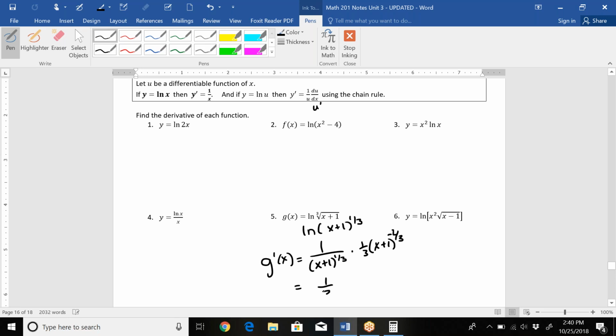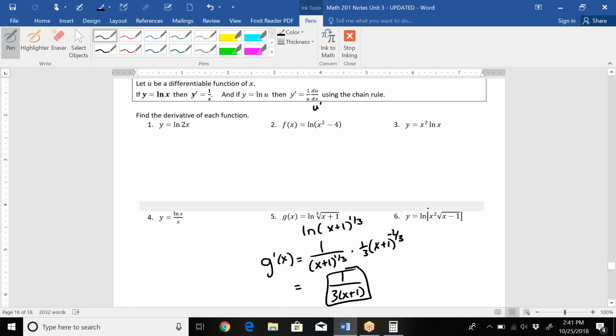So this is 1 over 3. And then this moves down to the bottom, so I have an x plus 1 to the 1/3 plus 2/3, so that's just 1. So this guy actually works out to a really nice, clean derivative. I'm just going to write it a little bit prettier. So it's 1 over 3 times x plus 1, because you have these 2 guys that move down to join the 1 that's already there.